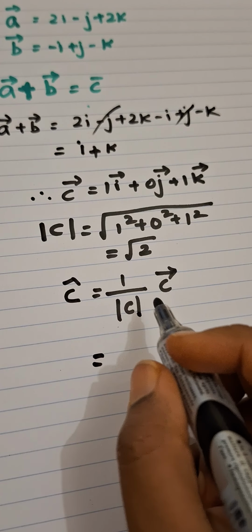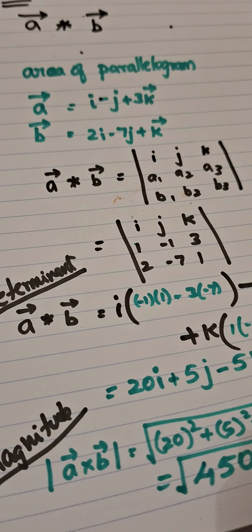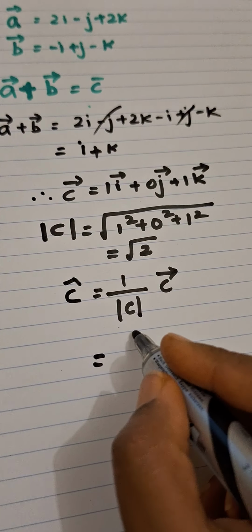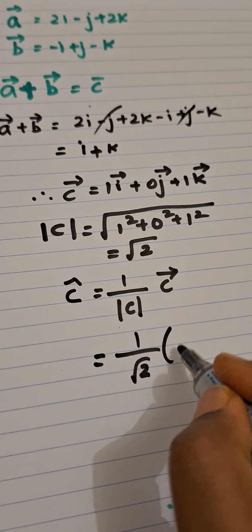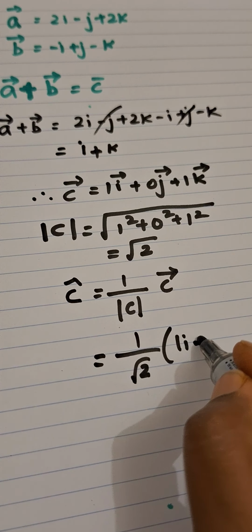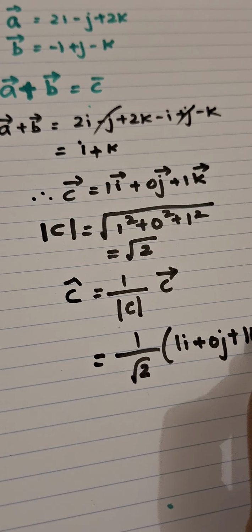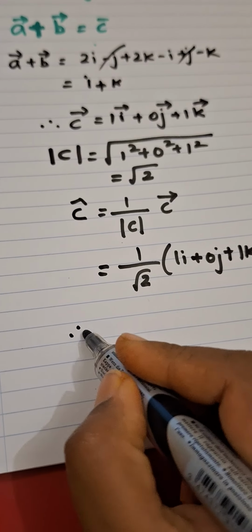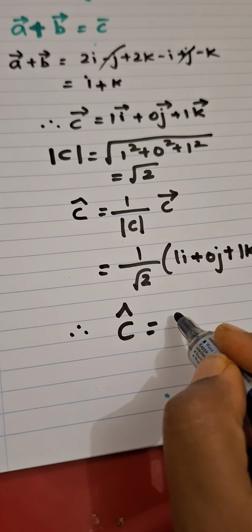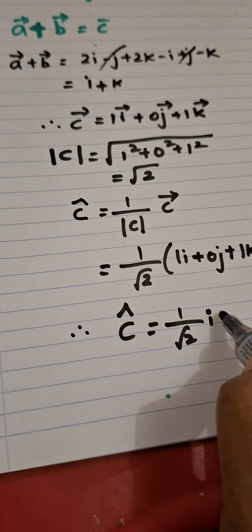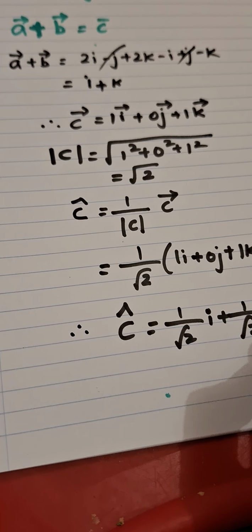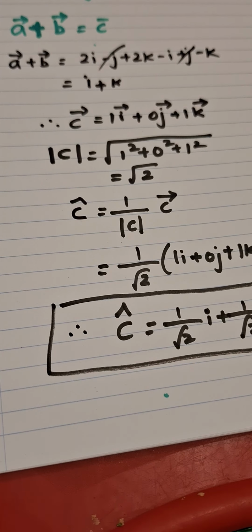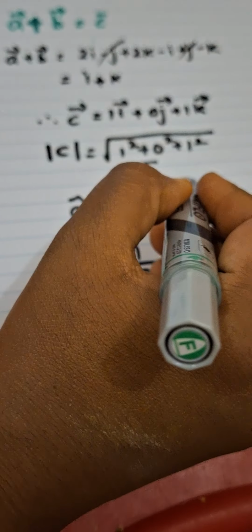So it means we are having, this is root 2, so 1 by root 2, and here we have 1i plus 0j plus 1k. Okay, so when you multiply this, what will happen? Therefore the unit vector is equal to 1 by root 2 i plus 1 by root 2 k. That's it, because j is 0. Simple. Okay, so this is the formula for the unit vector.